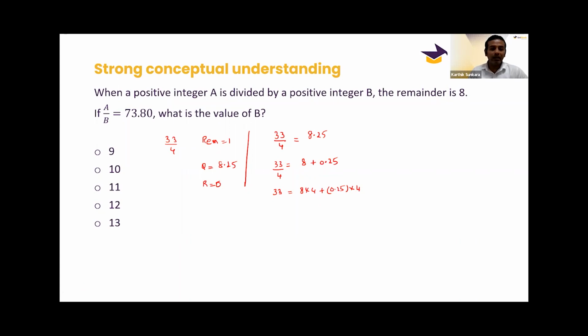Now, if we recollect the concept here, what is this 33? 33 is the dividend. And 4 is the divisor.